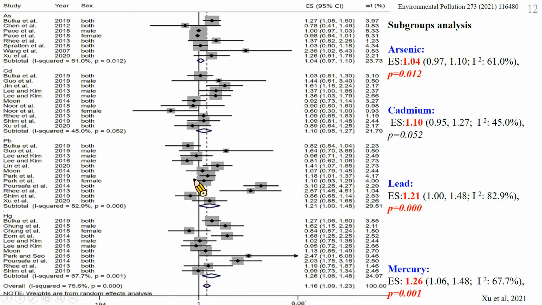The authors also did a subgroup analysis looking at individual heavy metal exposure. They found that arsenic exposure is significantly correlated with metabolic syndrome, there is a borderline effect of cadmium, and a significant effect of lead exposure on metabolic syndrome, and so does mercury.